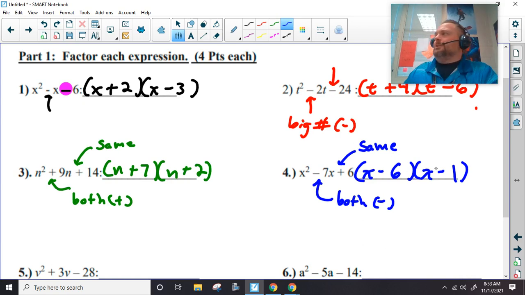Are you sure? Double check on your calculator. See the calculator on your desk? Yes, but we're looking for the factors of this. What two numbers we multiplied for this that add to get this?